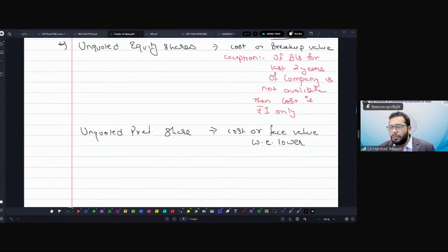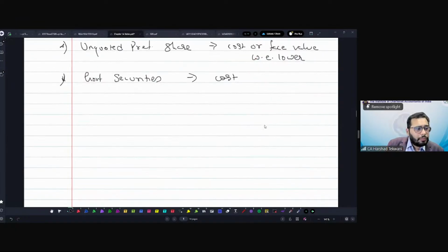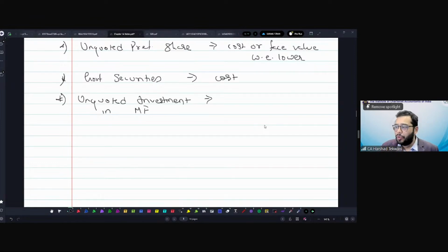Government securities, you need to value at cost. Then unquoted investment in mutual funds. Quoted we have already covered above. Now we are discussing unquoted.